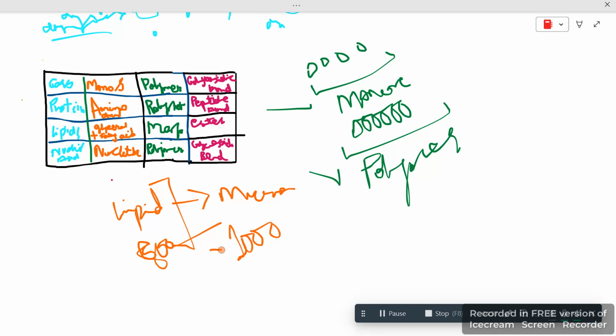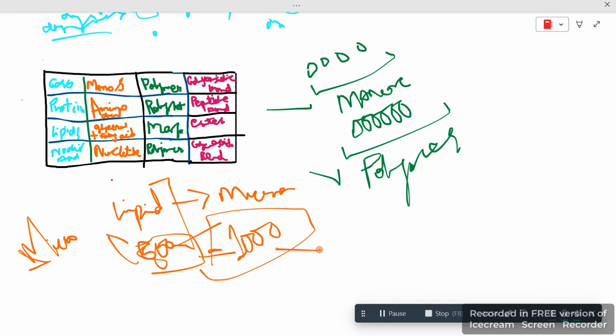This means it is lower than 1000. Whenever you find molecules lower than 1000, they are known as micro. And lipid is 800, so you can say this is micro, whereas those above 10,000 are known as macro, and all the others are macro because these are considered like lipid, protein.